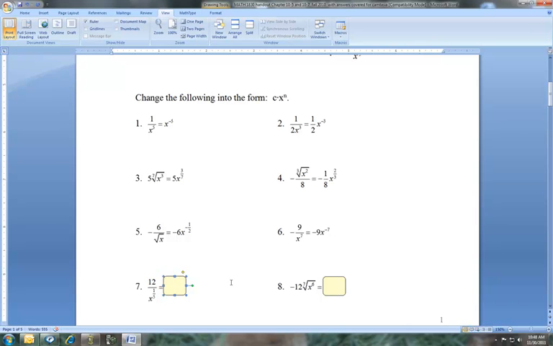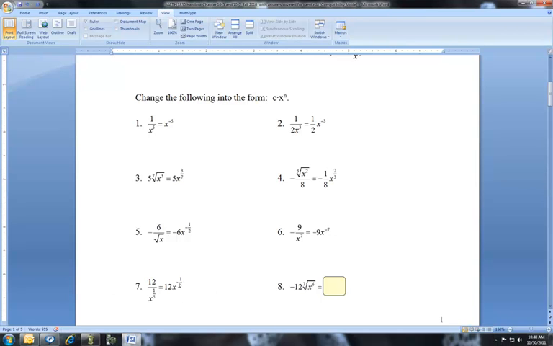So I'm going to have 12 times x raised to the negative 1/5. Sort of can't see the negative, but it is there. Sort of blends in. This one, rewrite from radical form to fractional exponent form. So I'm going to have negative 12 x to the 6/7.